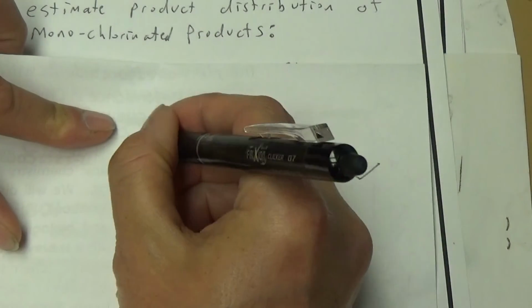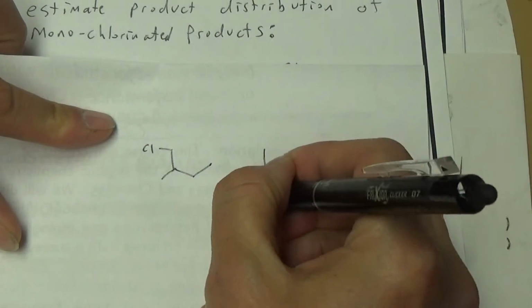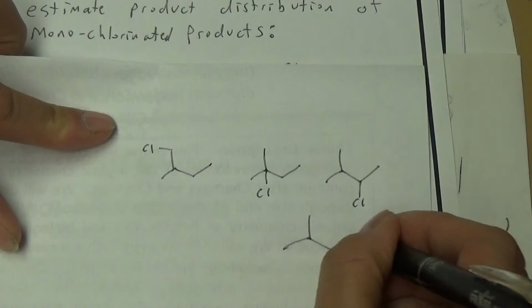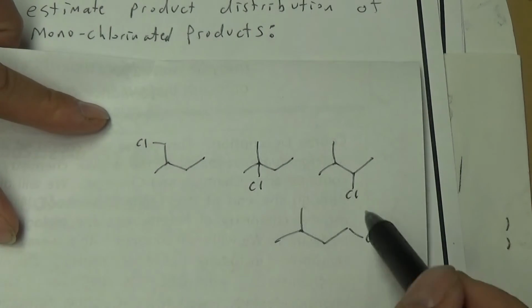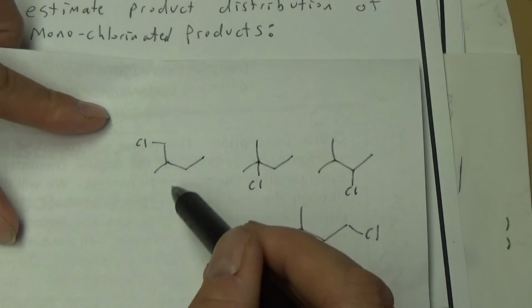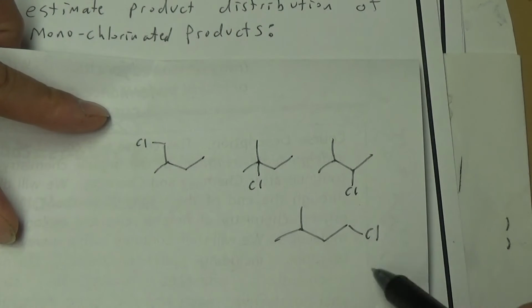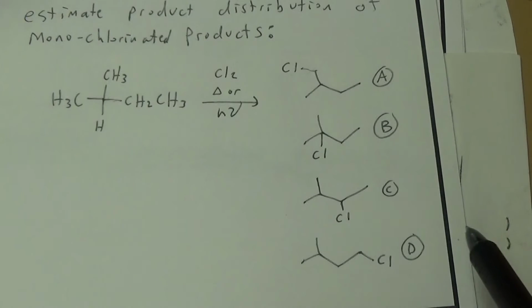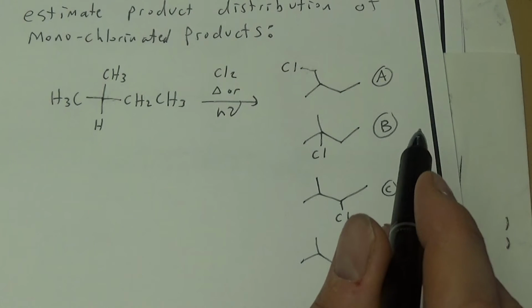Then I'm like, okay, we have a chlorine there, a chlorine there, a chlorine there, a chlorine there. If you draw 4 copies of your starting material in skeletal format, you can quickly draw the different chlorine substitution patterns. Anyway, so we got our A, B, C, and D.